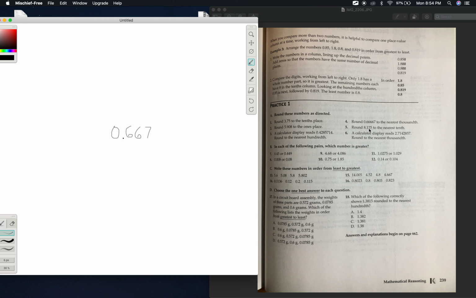We would turn these into zeros, the 2 and the 5, and we would leave this at 1, so it would be 8.1. And we don't need to actually indicate that these are zeros since they mean nothing. So 8.1. Simple as that. That would be your answer.